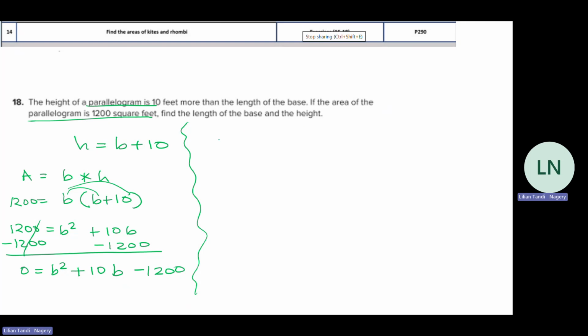So how do I do that? I make a table. In the quadratic formula, remember here is your B, and your B is positive 10. And here is A multiply C, which is negative 1200. Now find two numbers that when you multiply, you're gonna get 1200. So I can do 10.